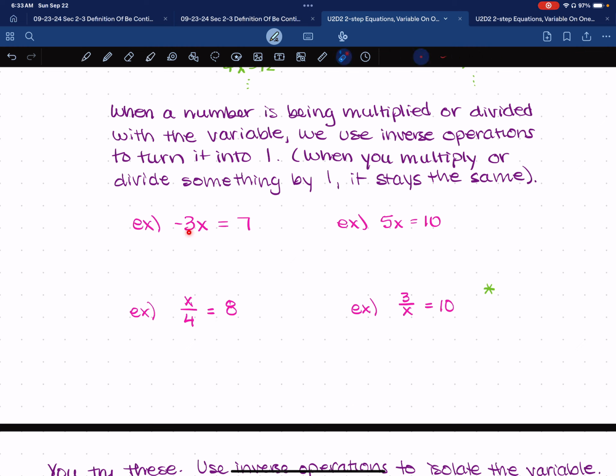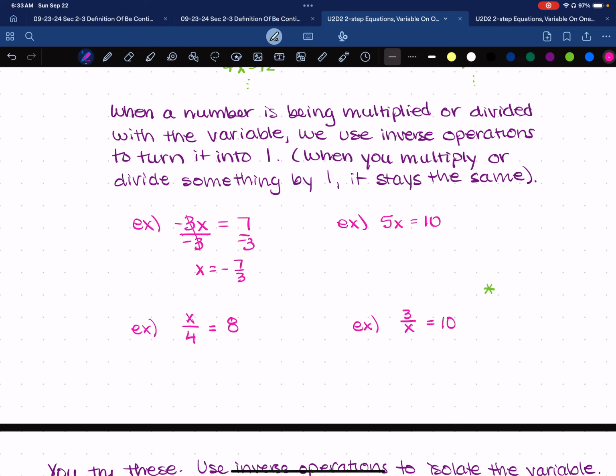We want to get rid of the -3. We're going to divide by -3 because we want this to equal 1. -3 divided by -3 is 1. That's why they cancel out. And then we would get x equals, and a positive divided by a negative is negative. And then we're just going to leave it as a fraction. I'm going to go ahead and move these down just a little bit.